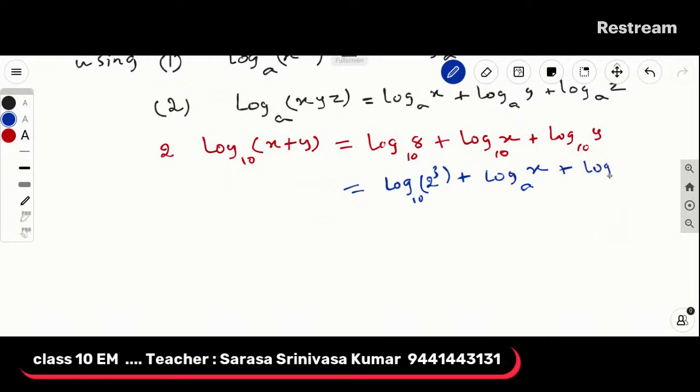There is no change in the remaining terms. So now we can apply the formula log x to the power of n to the base a equal to n log x base a on this.